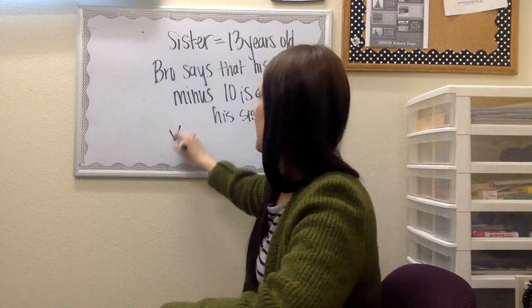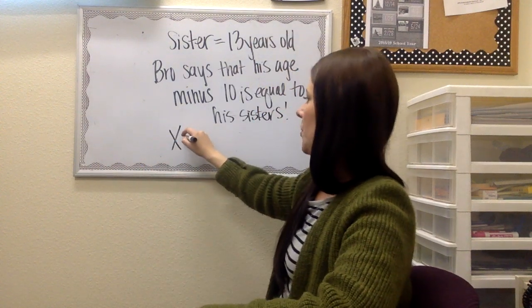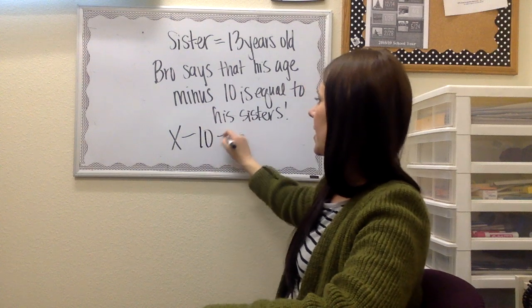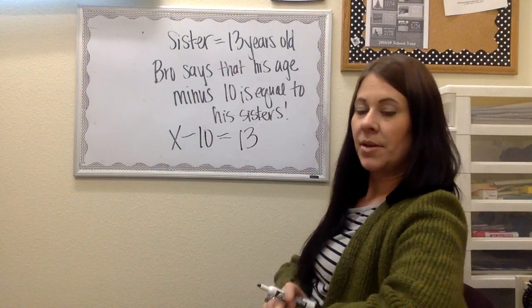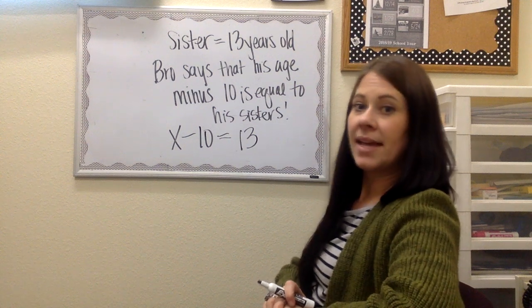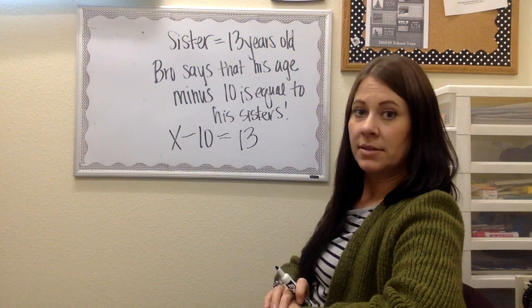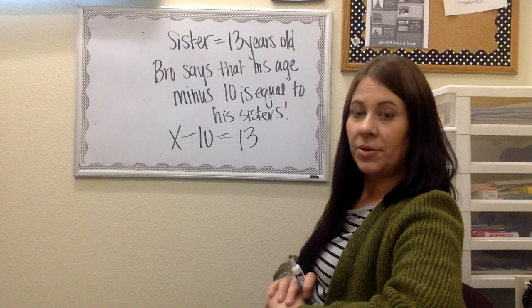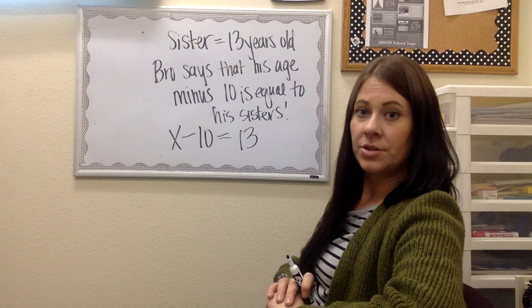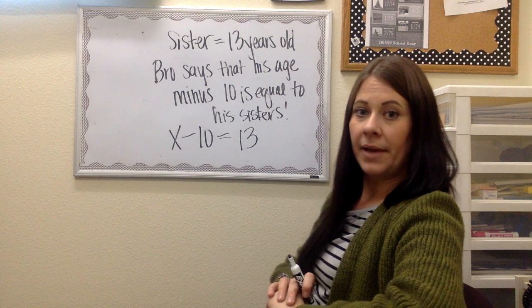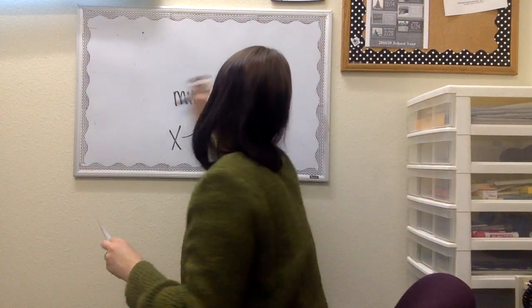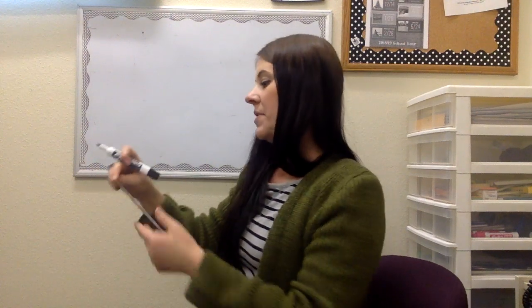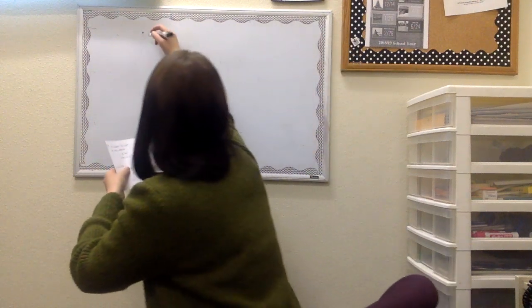So we don't know his age, but we do know when we minus 10, it equals the sister's age. That's the equation we want to use. And then you add 10 to both sides. And then you'll know the brother's age. Okay. All right, let's look at another one. Hopefully it's kind of starting to click. Like I said, it takes practice. This one's kind of hard, but we're going to approach it anyway.